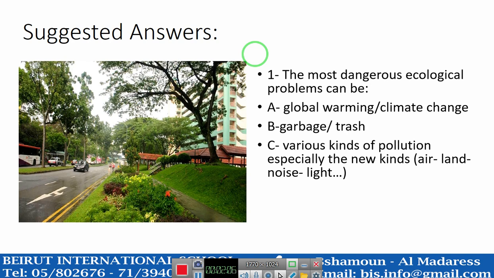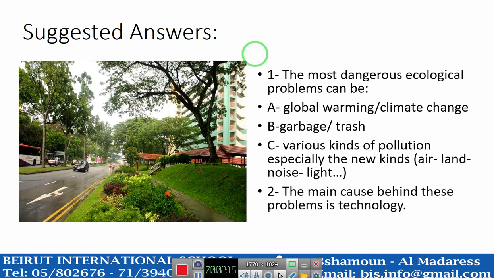And as we have already discussed, the different kinds of pollution can be a cause of climate change or global warming. Regarding the second question, which is the main cause of all these problems, there is no doubt that the main cause behind these problems is technology. As we said, due to technology, we have new advancements, industries, companies, institutions, and all these kinds of developments that could lead to pollution.